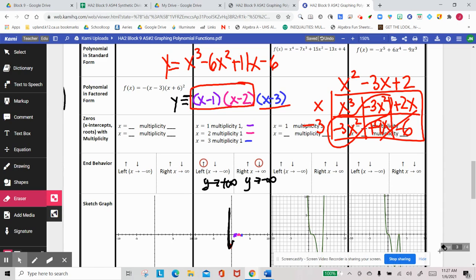So there's a little bit of a mistake here. And this can't be. You can't have a y-intercept at negative 6.